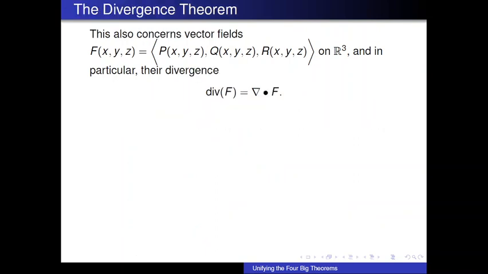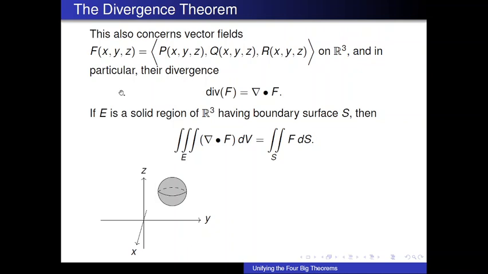Okay. And then the last theorem that we learned was the divergence theorem. And this one was also about vector fields on three-dimensional space, but now it was about their divergence instead of their curl, right? And this divergence is a scalar valued function where you take your vector field f and you take that vector of partial derivative operators, that gradient vector, and you take the dot product of the two objects.